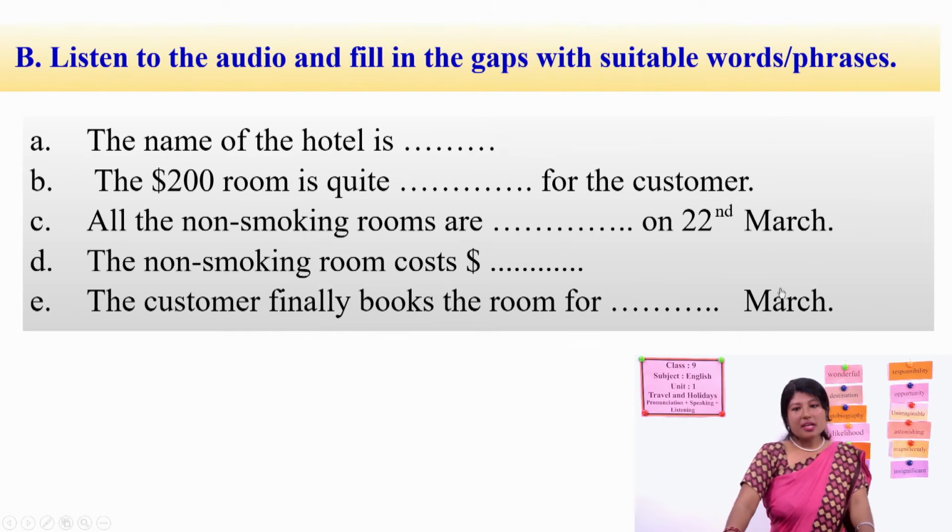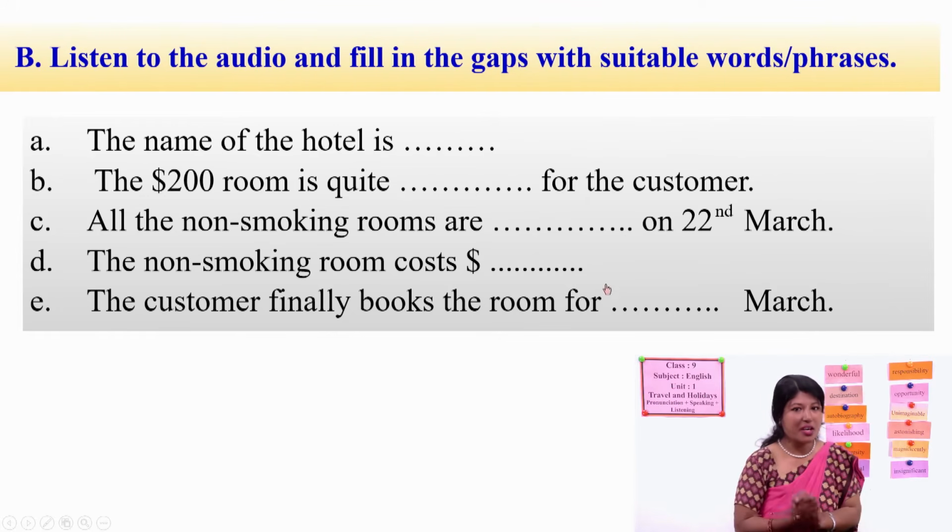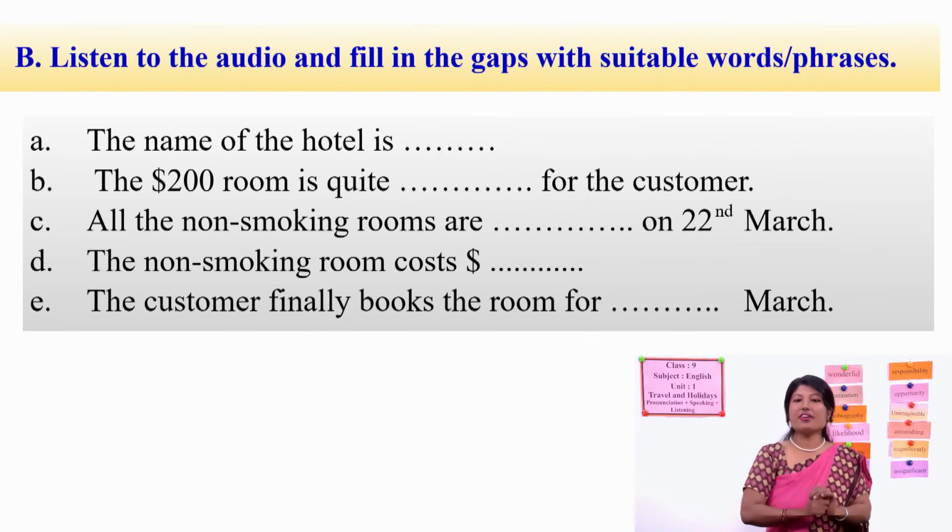So I'm going to play the audio again. Listen and then answer, fill in the blanks, fill these gaps with suitable words and phrases. I hope you are ready. Are you? Okay, let's go for listening to our audio for the second time.